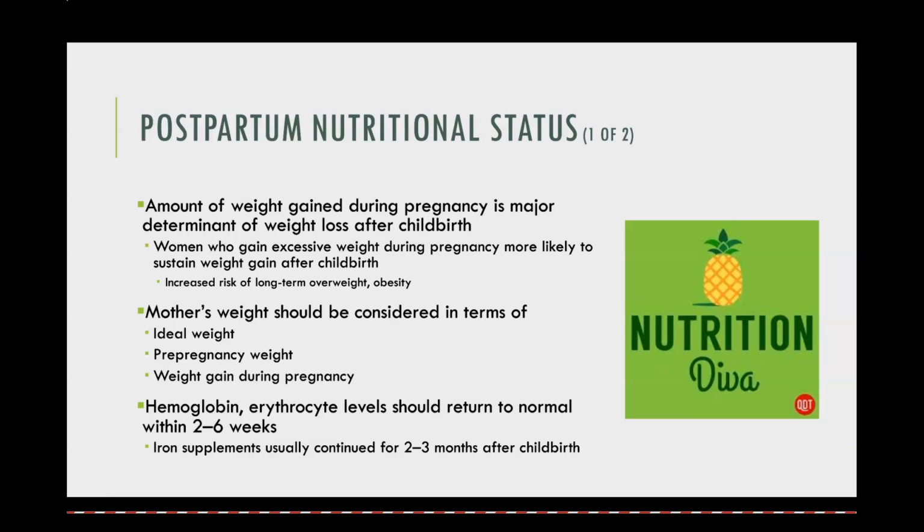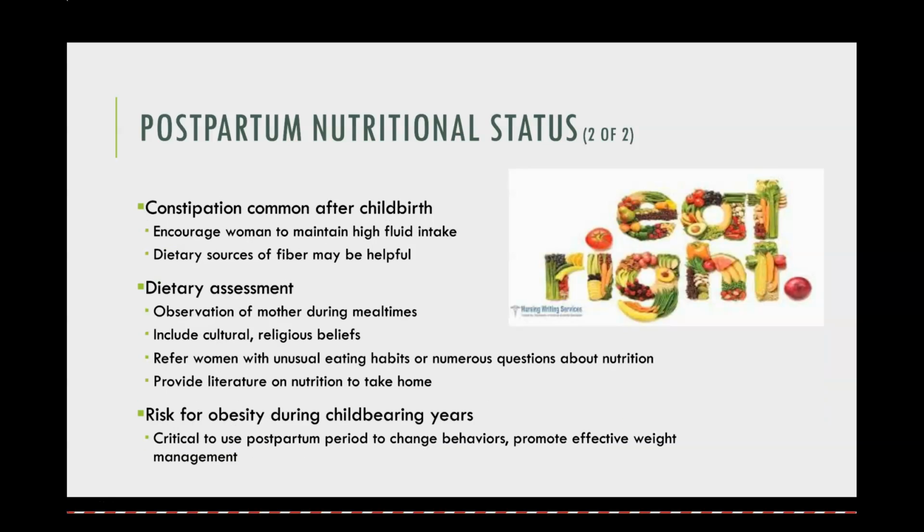And that could be something very important nutritionally that that mom might need. Constipation can be a real problem after childbirth, so encouraging women to maintain a really high fluid intake, particularly water, is important, and making sure that they understand what dietary sources of fiber are and how they can add those into their diet to help with constipation issues.